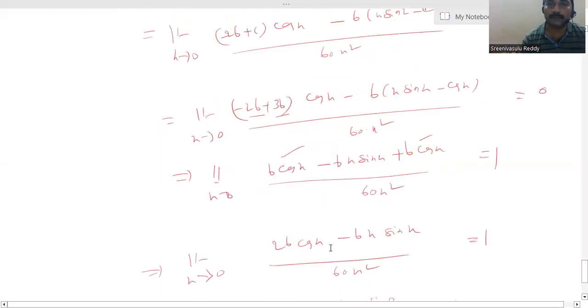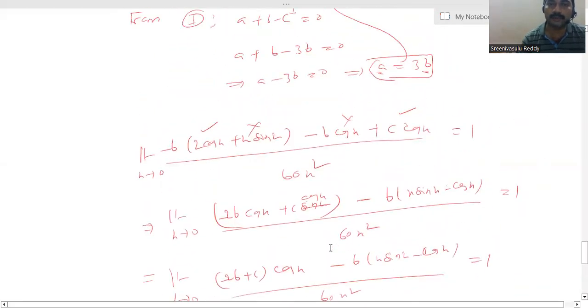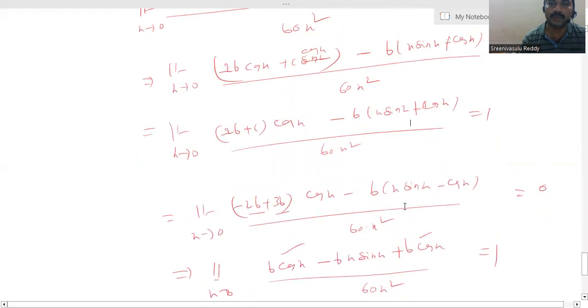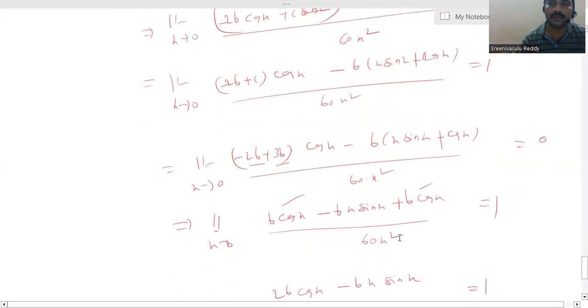So once again, is there any mistake? You observe that minus b cos x, not plus b. Minus b cos x, here minus x. We take it as a positive quantity, not minus. Here positive. That's why we get some mistake.